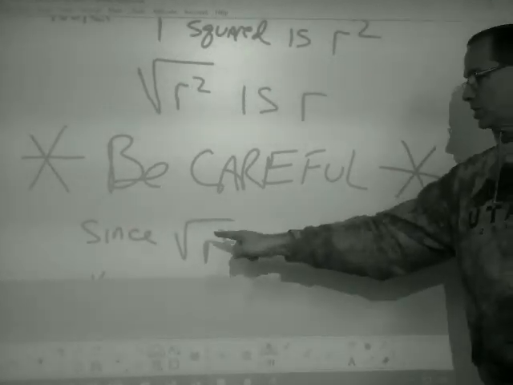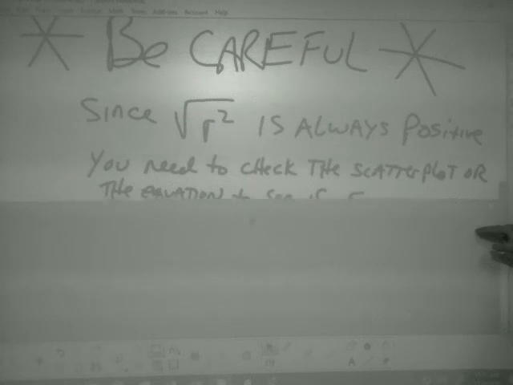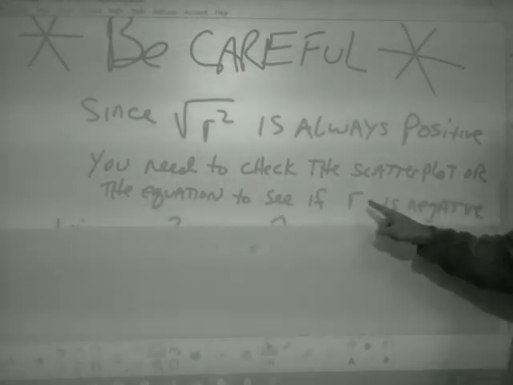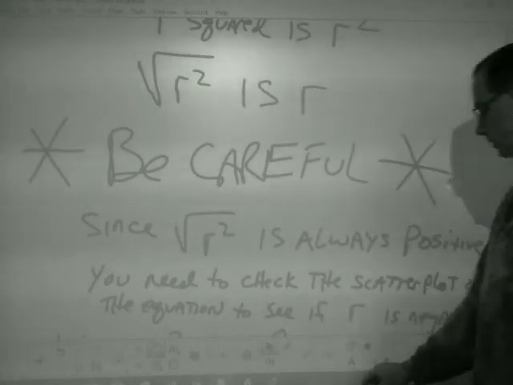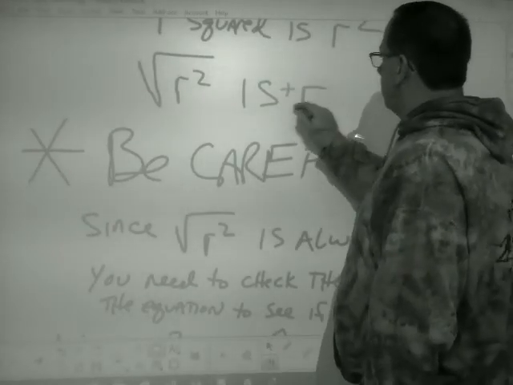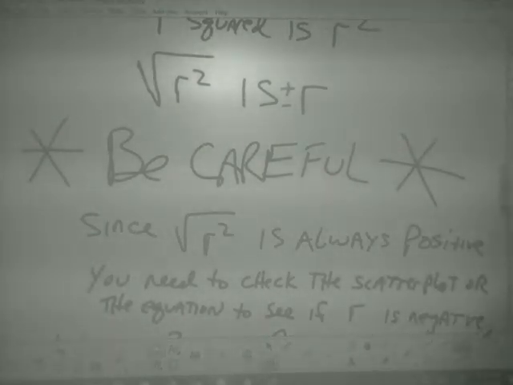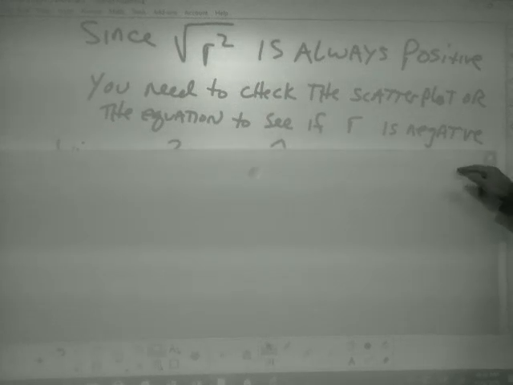Since the square root of r squared will always be positive, you need to check the scatter plot or the equation to see if r truly is negative. Because the square root of r squared really is plus or minus r. But on your calculator, it'll always be positive. You take any number, take the square root of it, it'll be positive.